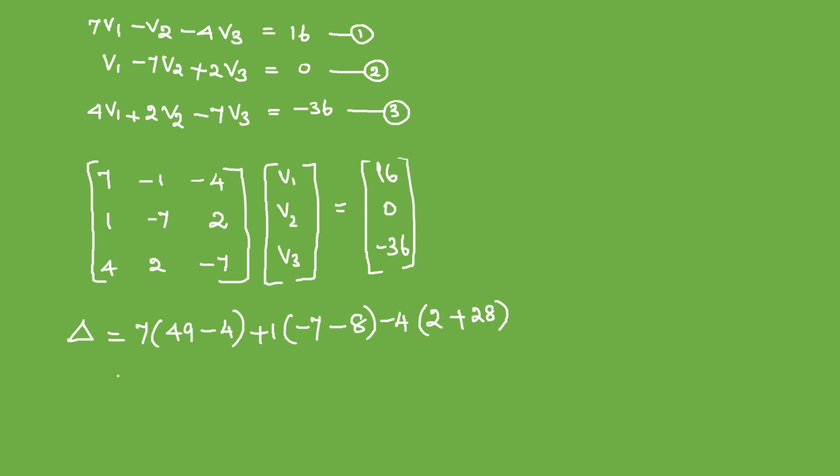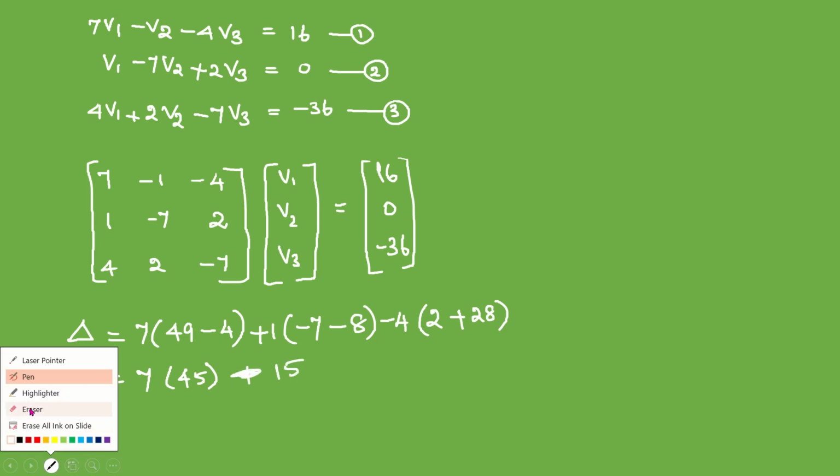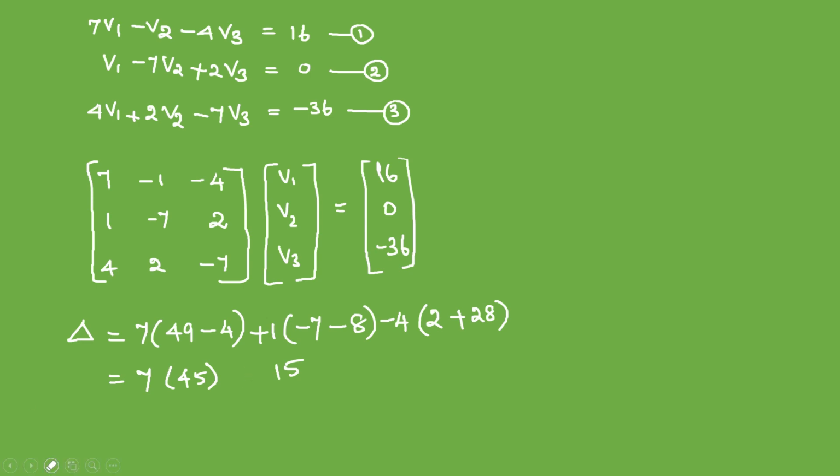So this is equal to 7 into 45 plus 15, that minus sign, so it is minus 15, then minus 4 into 30.